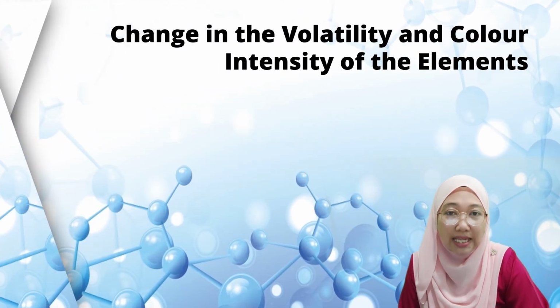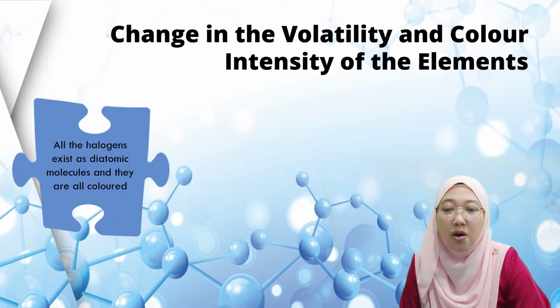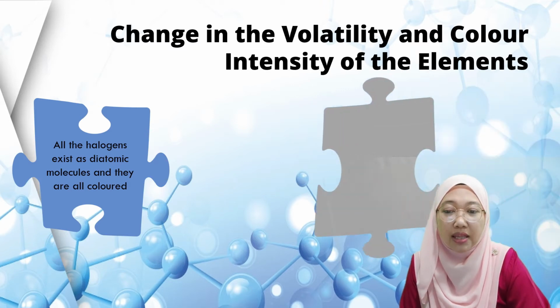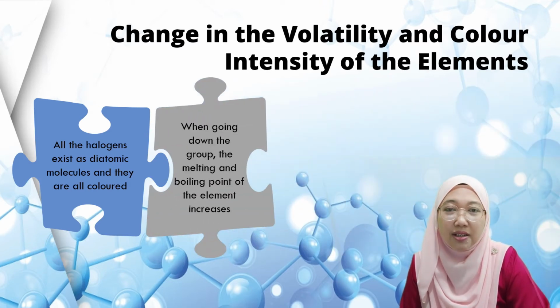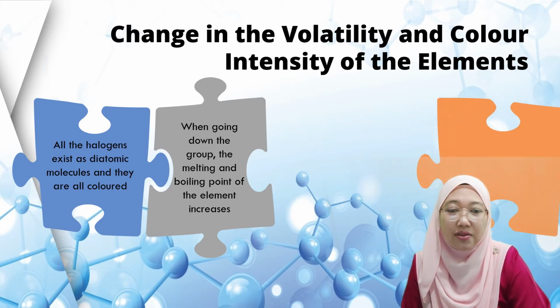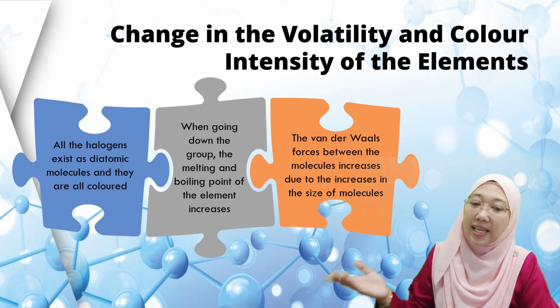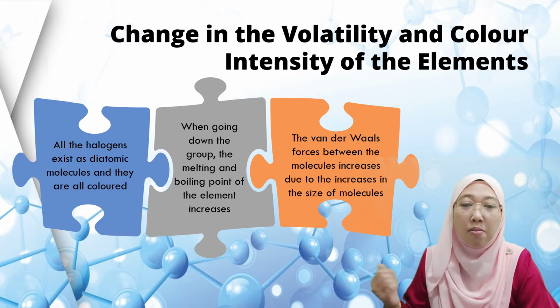Change in the volatility and color intensity of the elements. All the halogens exist as diatomic molecules and they are all colored. Okay, ada warna. When going down the group, the melting and boiling point of the element increases. The van der Waals forces between the molecules increase due to the increase in the size of the molecule.